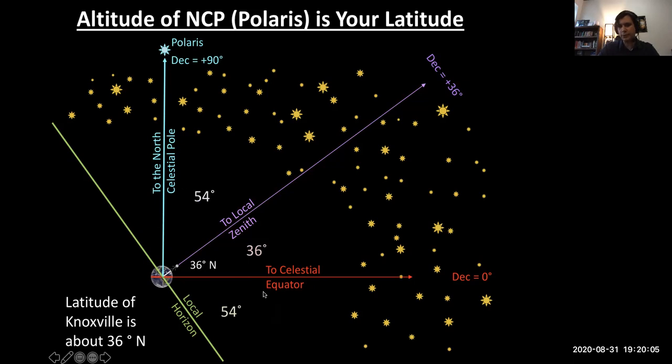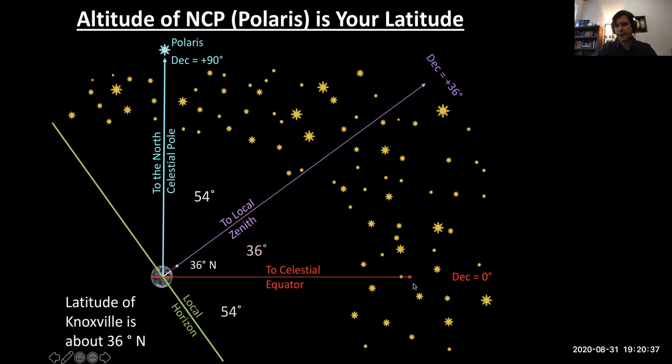All right, let's walk through that one more time, because it's good to review this, because I know geometry is not everybody's favorite thing. I know my local zenith is at declination 36. I know that Polaris is at declination 90. I know that the celestial equator is at declination 0. I know there are 90 degrees between my line pointing towards Polaris and my line pointing towards the celestial equator.